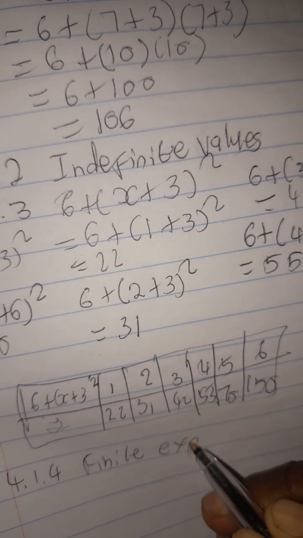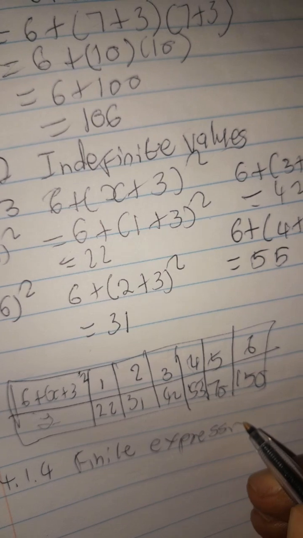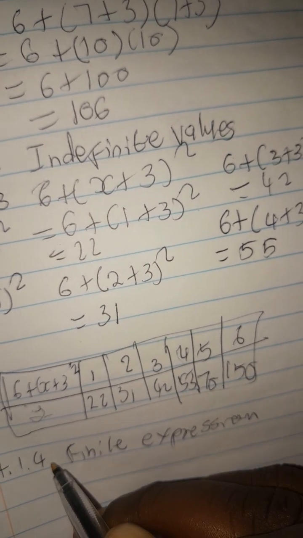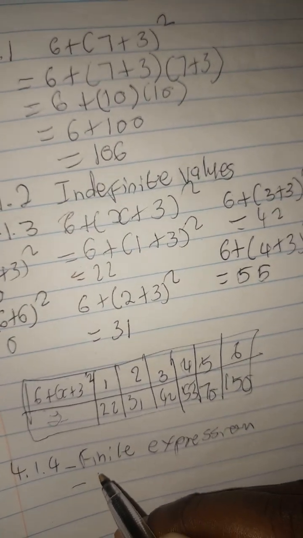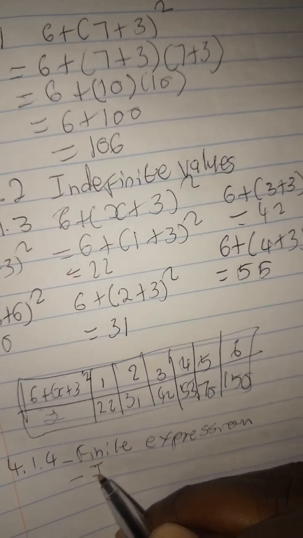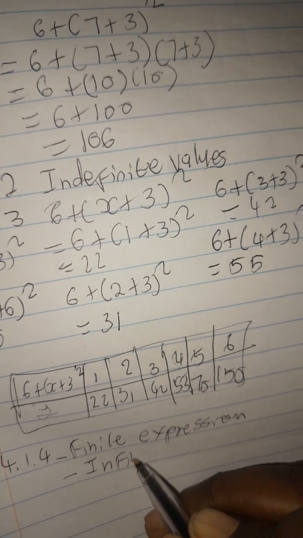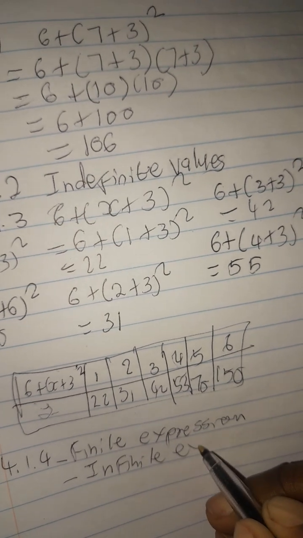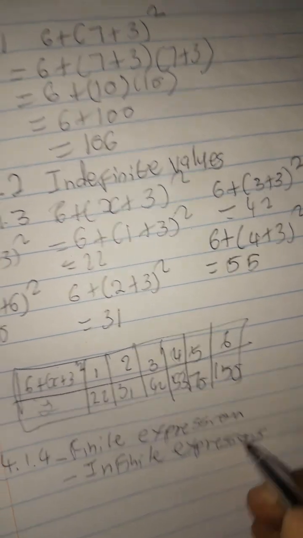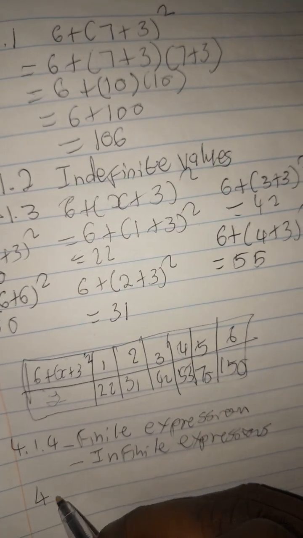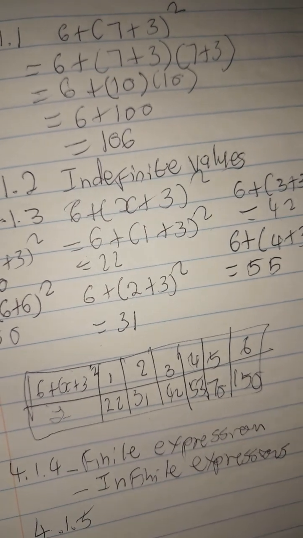Because there's only one value. At 4.1.2, it's going to be infinite because it's indefinite. So we're going to have an infinite expression in this case.